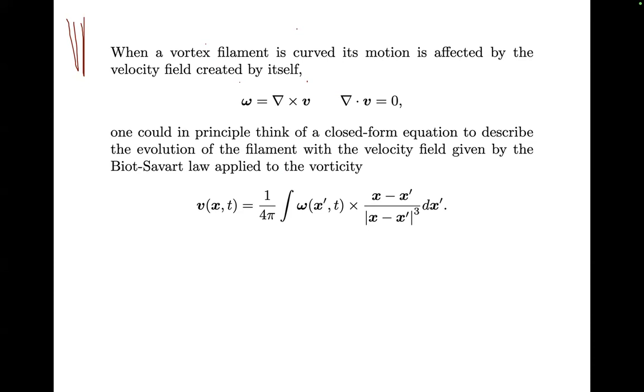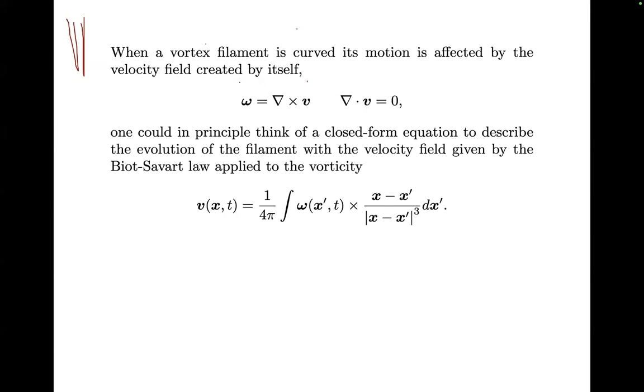In our case, if you put in that integral expression the starting vorticity, which is a singular measure, this will be just a line integral, which in fact is an oriented integral.